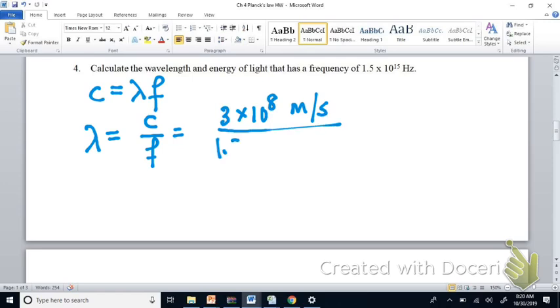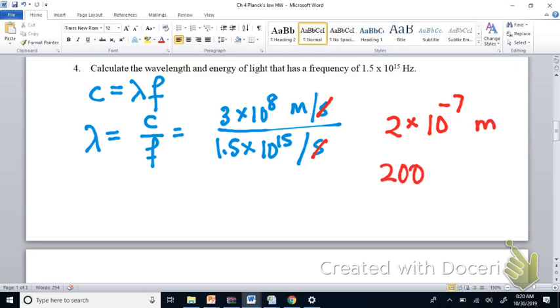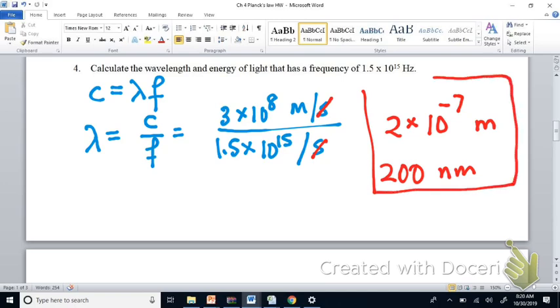F is given to us, that's 1.5 times 10 to the 15 hertz, which is an inverse second. Now this is really nice because the seconds cancel. I know that 3 divided by 1.5 is 2. And again, when you divide by exponents, you subtract them. That's going to be 10 to the minus 7 meters, or 200 nanometers. That's ultraviolet light.